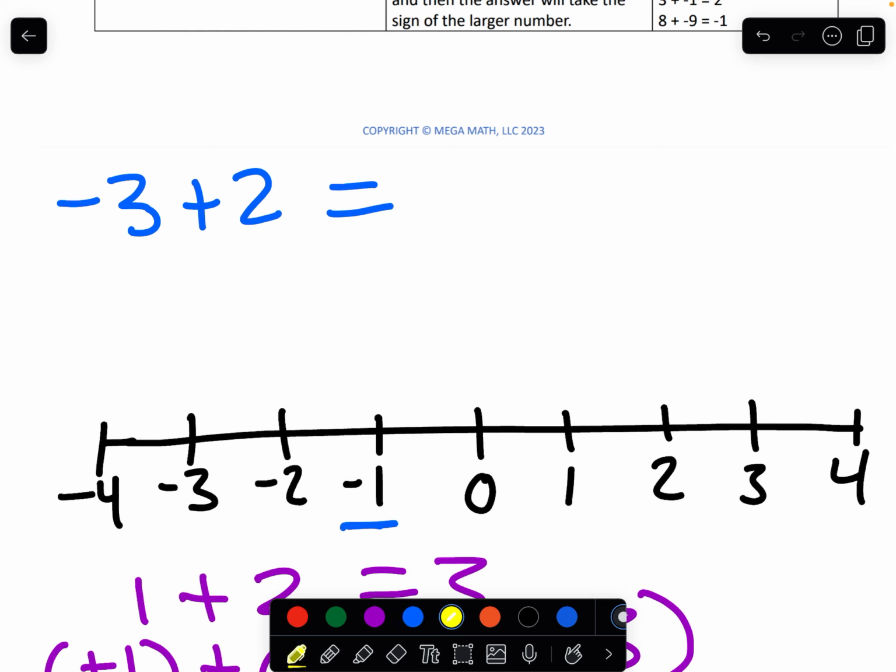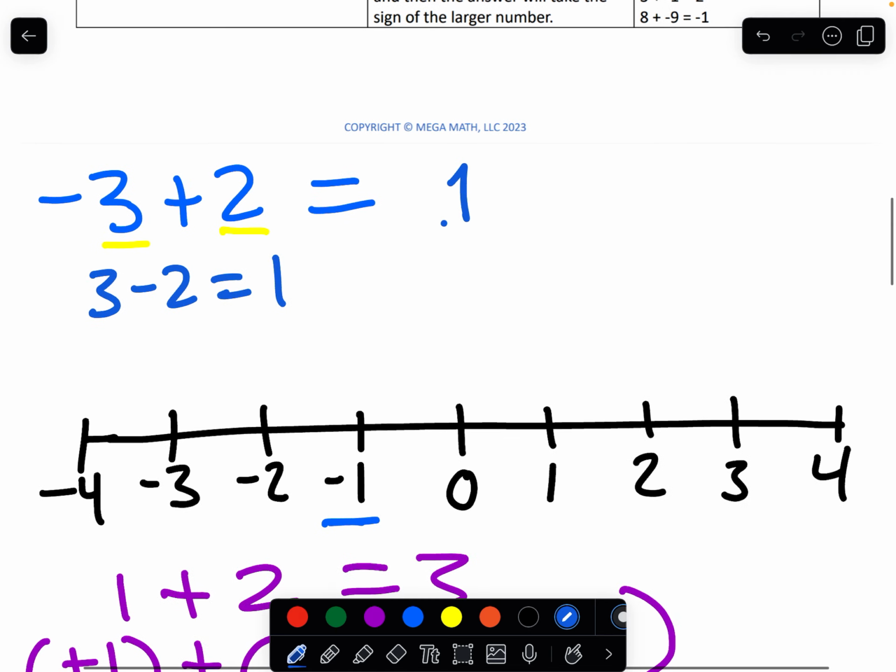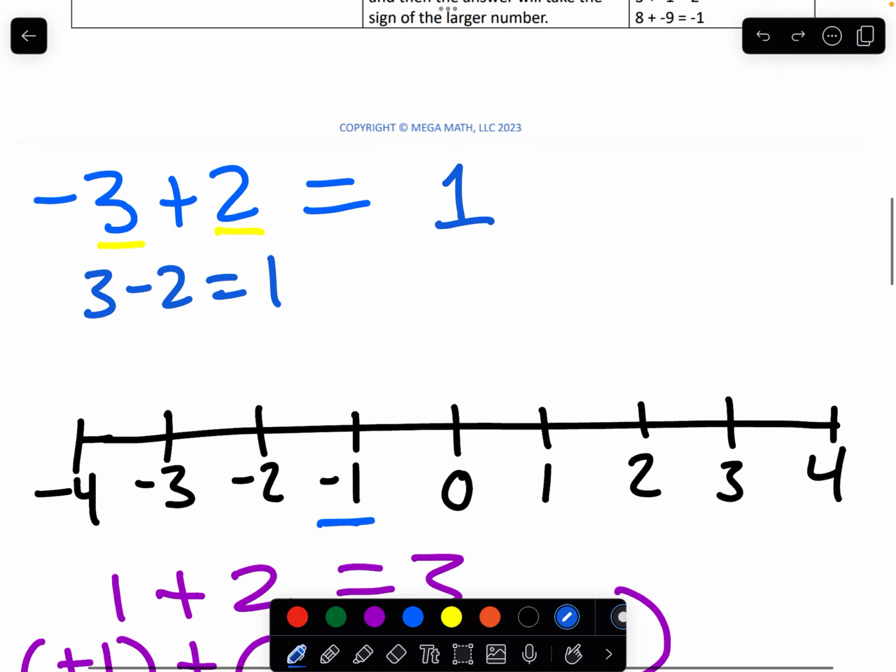opposite signs, we take the larger number, we're just ignoring the signs, the invisible positive there, we're just ignoring them. And we're going to take the smaller number and subtract it from the bigger number. 3 minus 2 equals 1. And now our answer is going to be 1, but we're going to apply the sign of the larger number.